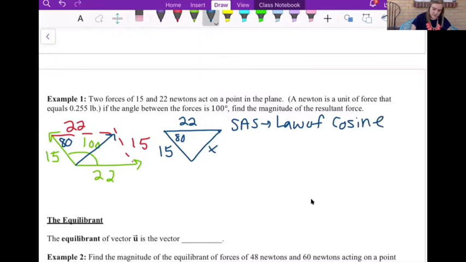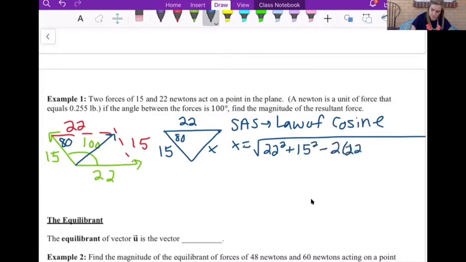And so then x is going to be equal to the square root of 22 squared plus 15 squared minus 2 times 22 times 15 times cosine of 80.